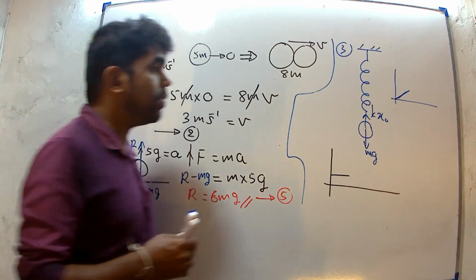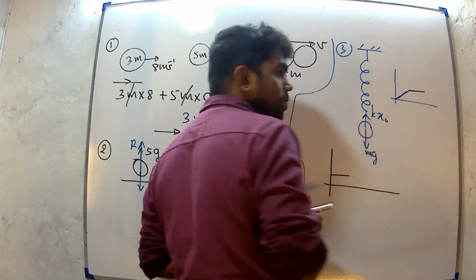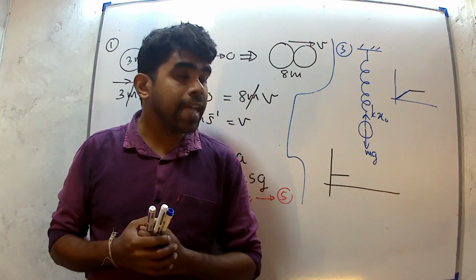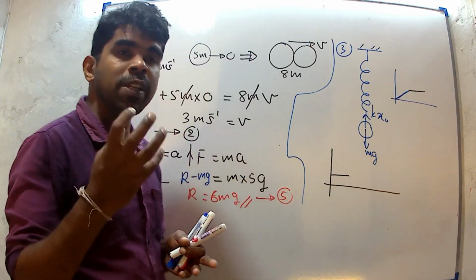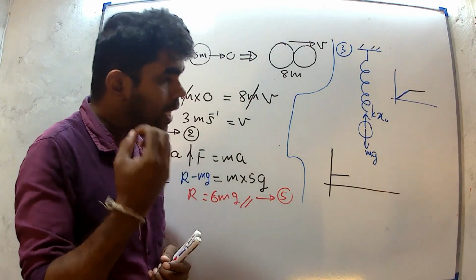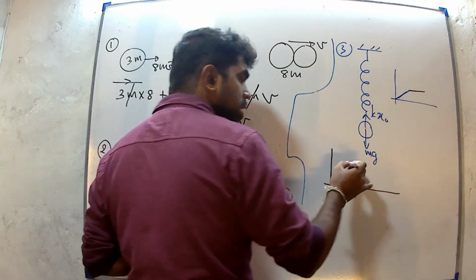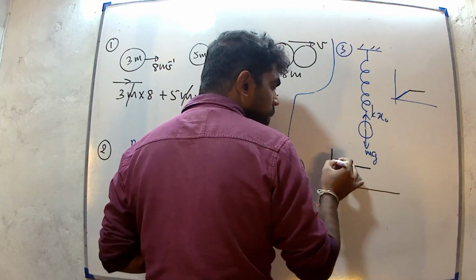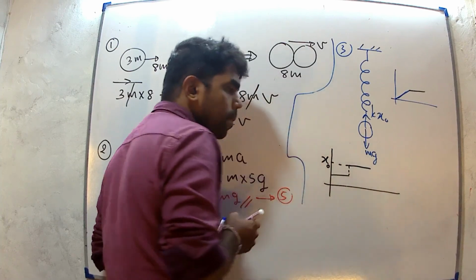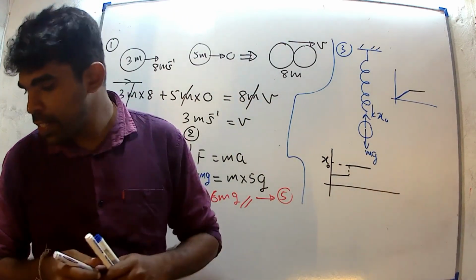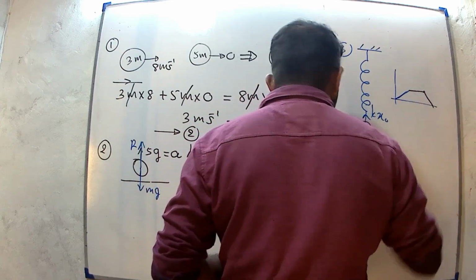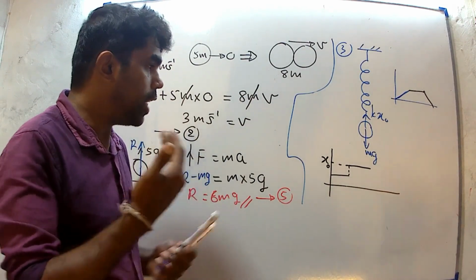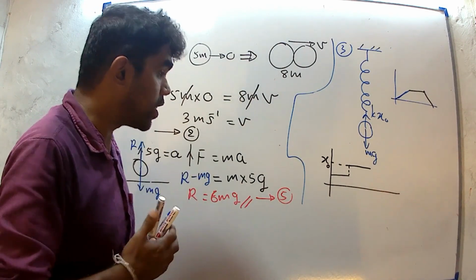For the second situation, the velocity time graph is this one. It is a horizontal line. It means it has a constant velocity. If the system is moving with a constant velocity or it is at rest, there is no resultant force. Therefore, kx naught equals mg. We can consider extension should be x naught. Then for the third situation, there is a deceleration in downward direction. It means we can consider it as an acceleration in upward direction.